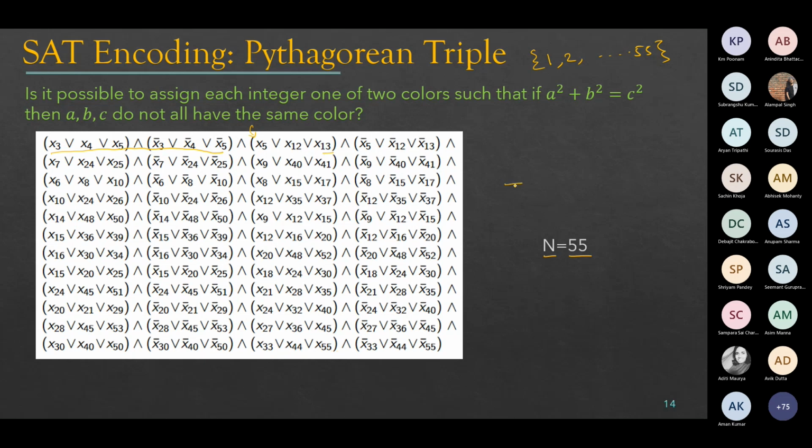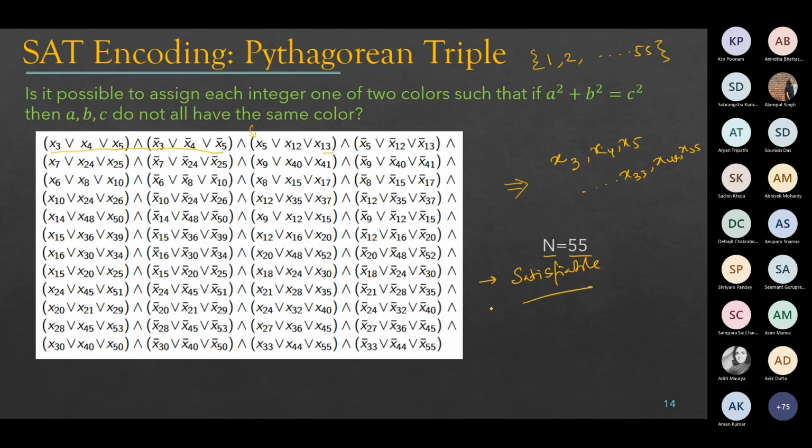Now see, we can encode this entire problem into a propositional formula, as you can see here. Now what we need to come up with is the assignment of this, say, x3, x4, x5, until, say, x33, x44, x55 in such a way that this becomes satisfiable, right?